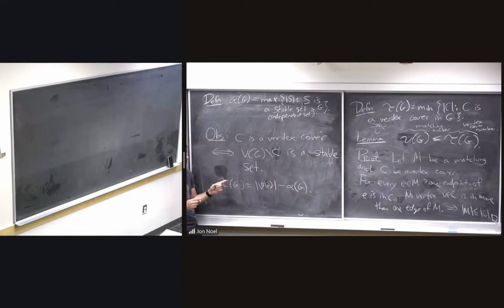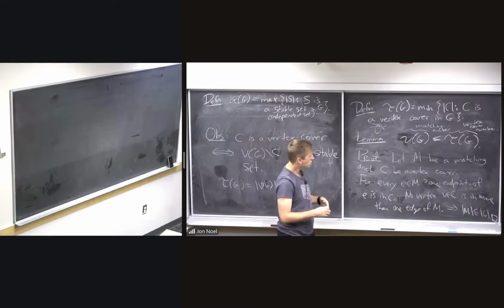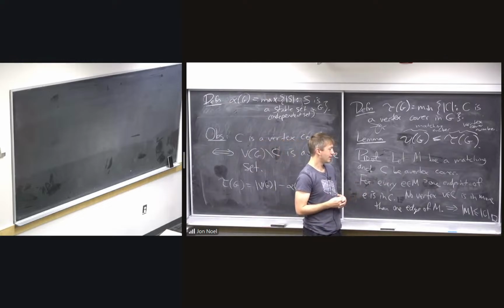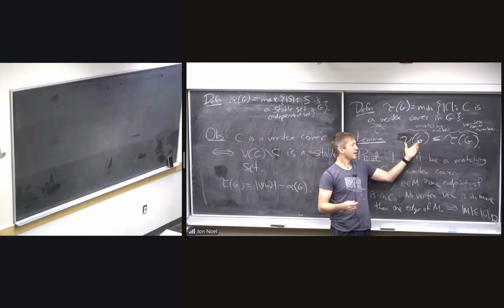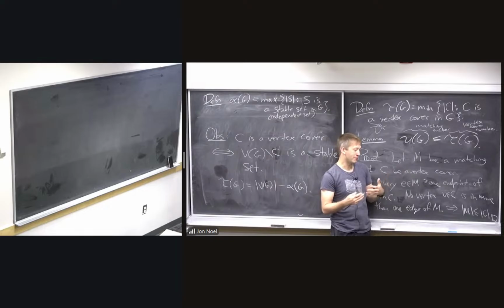But here's something interesting. We're not going to see this in full generality, but it turns out that computing the biggest matching in a graph is polynomial time solvable. We won't actually see the full algorithm, but we'll see some algorithms in special cases.